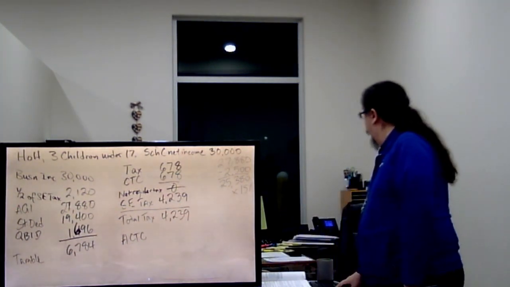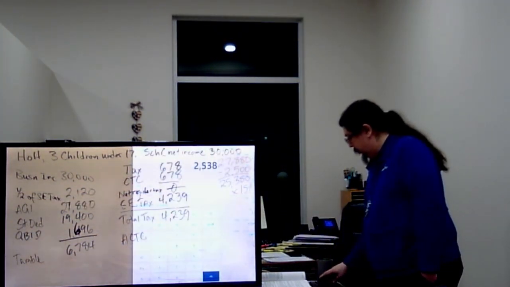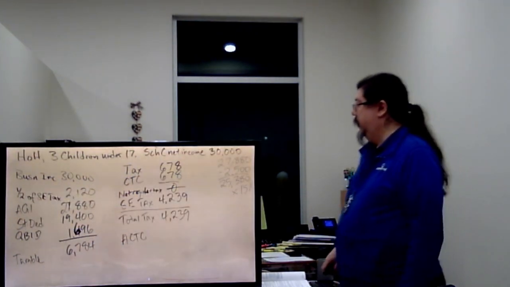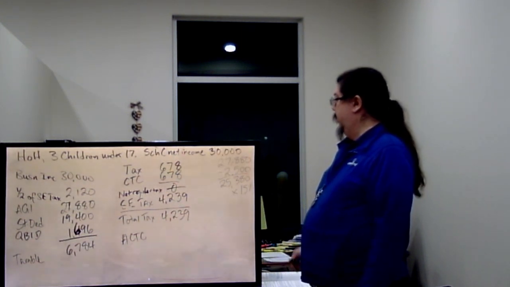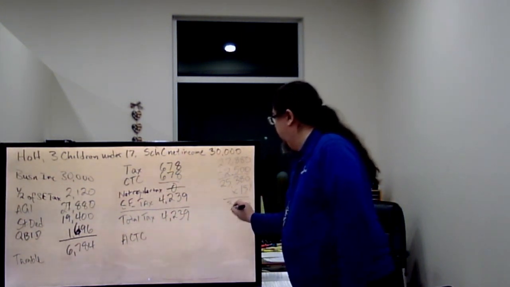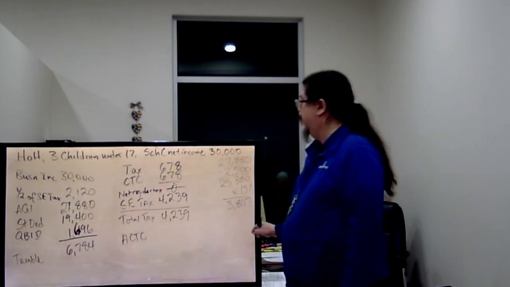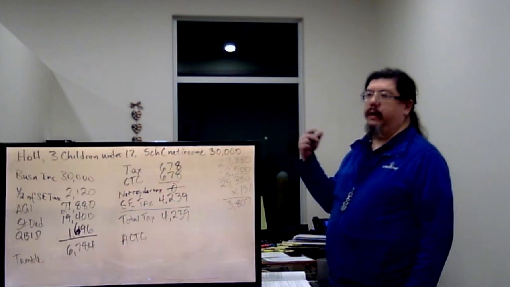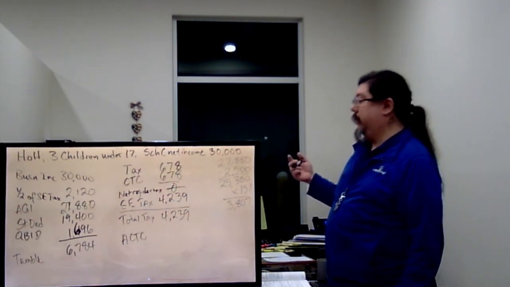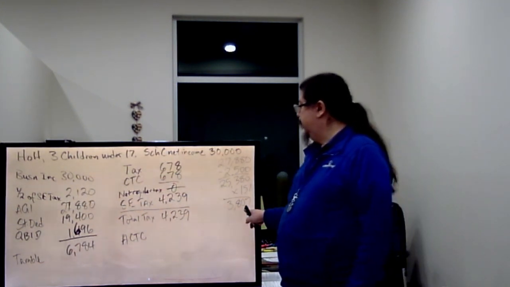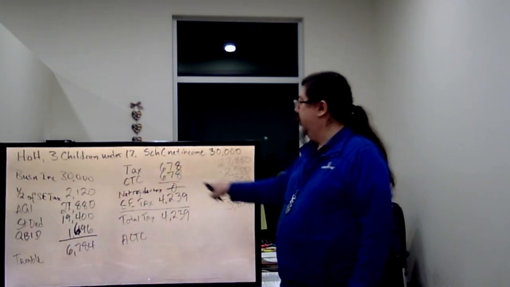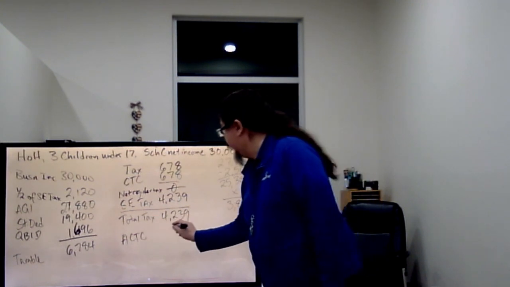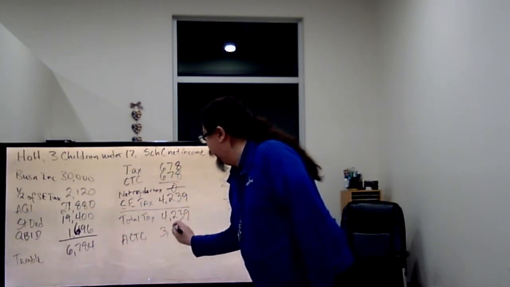Exactly, 3,807. And then it would be only allowed the 1,500 per child. Because she has 3 children, that'd be up to 4,500. Oh, by the way, in 2023, that's now 1,600 per child. So 3,807, and her unused child tax credit was 5,000 something. So her additional child tax credit is 3,807.